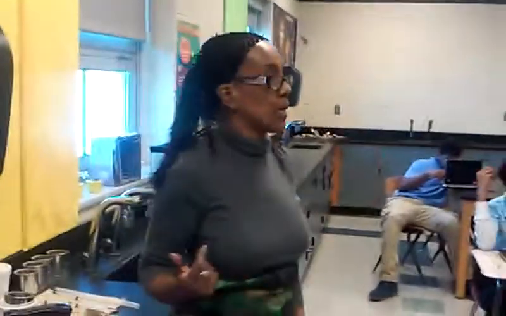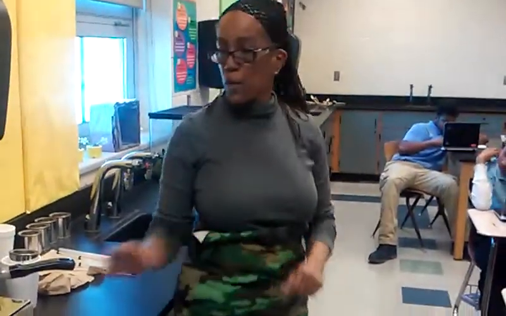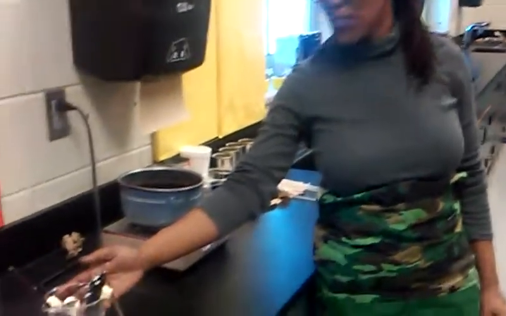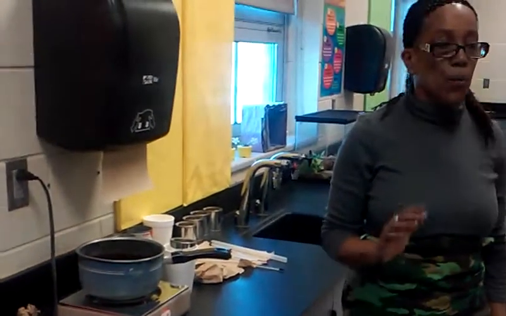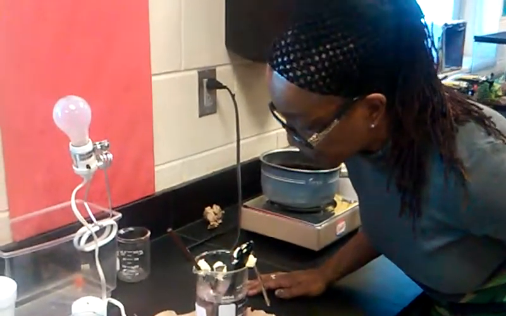So what we're doing here, we have the water. The water is about 6 to 8 centimeters before it touches the butter. And what we're trying to see is which one will begin to melt first. You have already made your predictions, and I am here observing to see which one it is, and I think we have a reading.